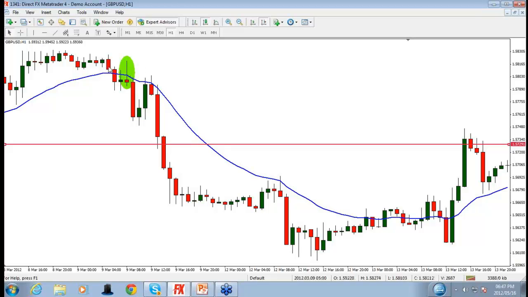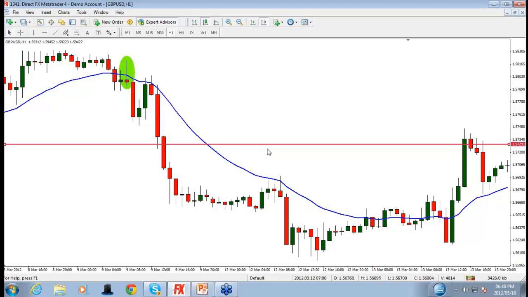Here I've got the EMA 21, exponential moving average. The pin bar is finding resistance at that moving average. That means it just tried to break through, but it couldn't, so it was not successful. And I saw it's a bearish pin bar, so what do I do now?